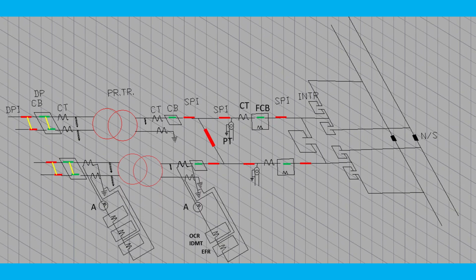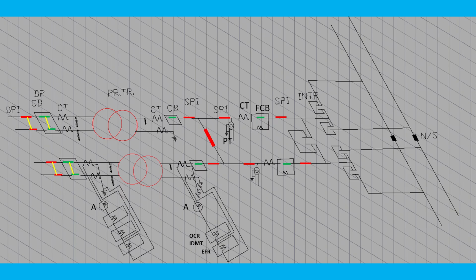At that time, during faulty condition, when you close the interrupter, the feeder CB will trip immediately because the interrupter cannot open automatically. So the feeder CB will trip. If the feeder CB does not trip, there is a backup protection: the transformer 25 kV CB will trip.